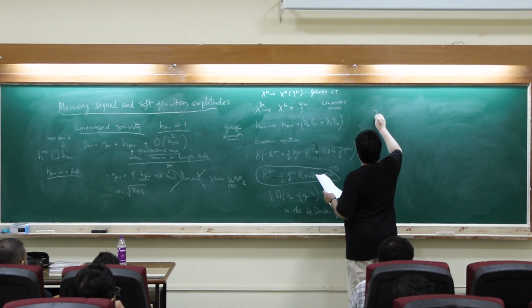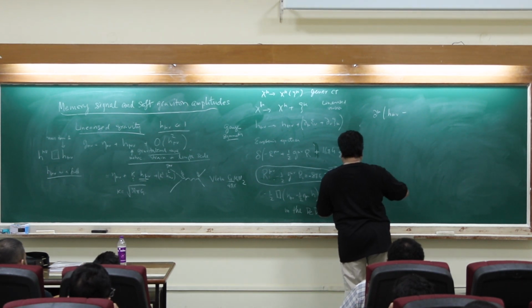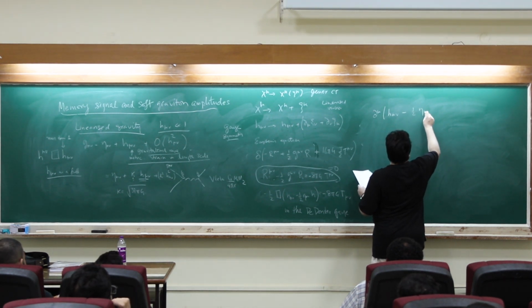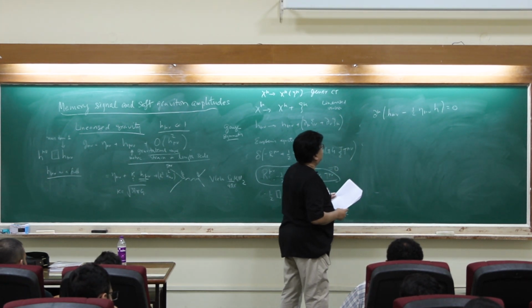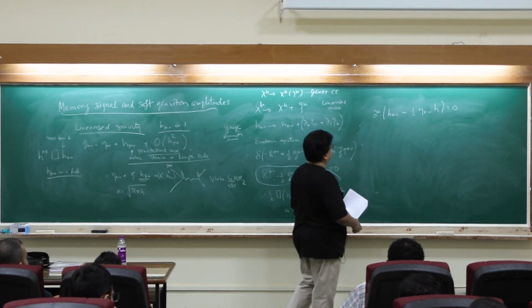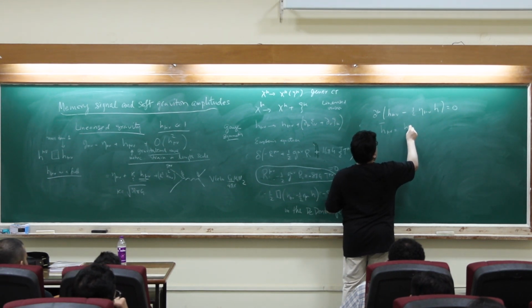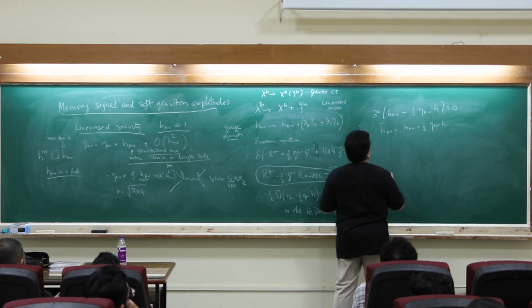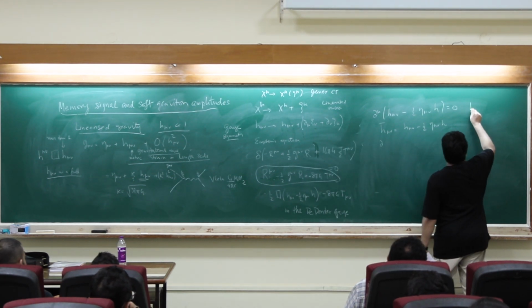Basically, okay, and this quantity is defined as, and so this is the de Donder gauge condition.